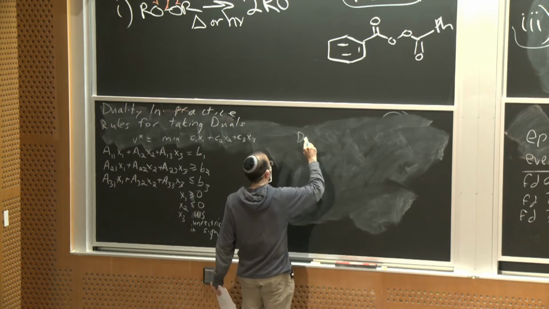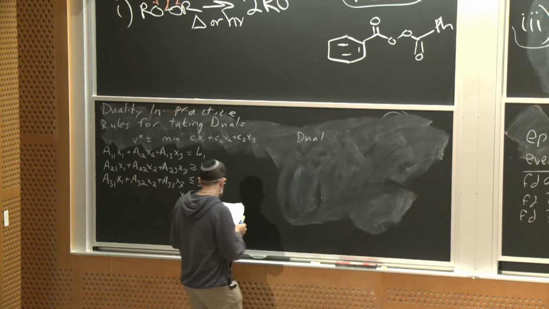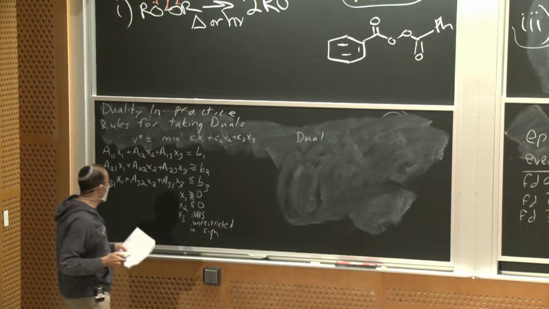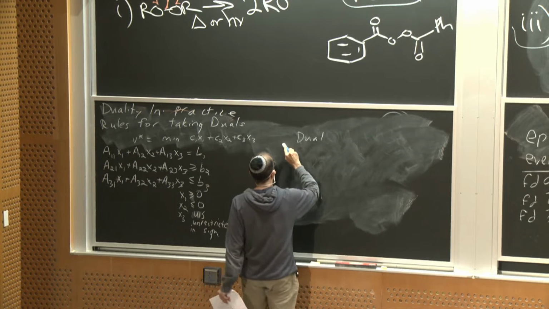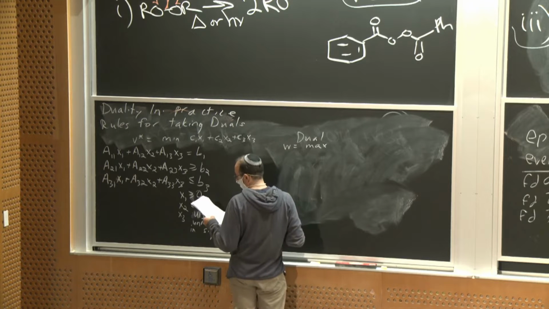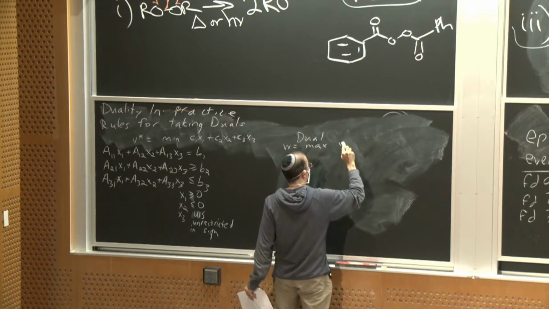So if you have that sort of linear program, and you take its dual, you always get a maximization problem as a dual to a minimization problem.